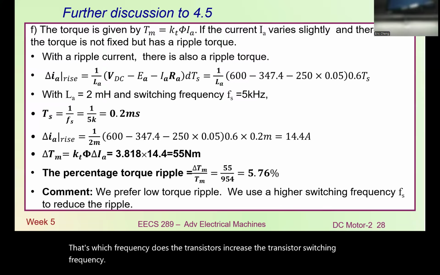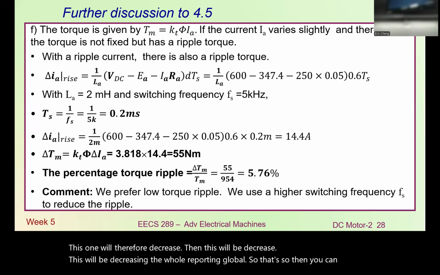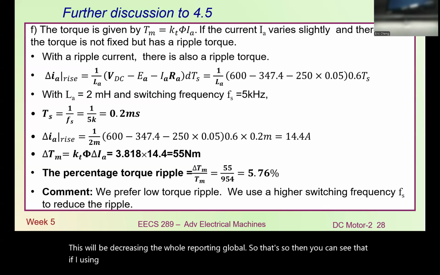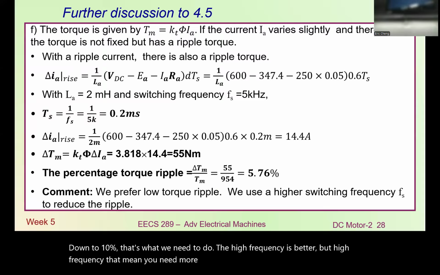Then Fs increases, Ts decreases, so this term decreases, and the whole ripple will be lower. If I'm using 50 kilohertz compared to 5 kilohertz, I can reduce the ripple down to 10%. High frequency is better, but it means more expense for the transistors and the control circuitry. So that's the pros and cons.